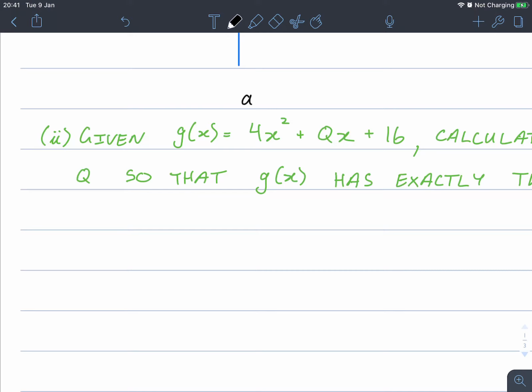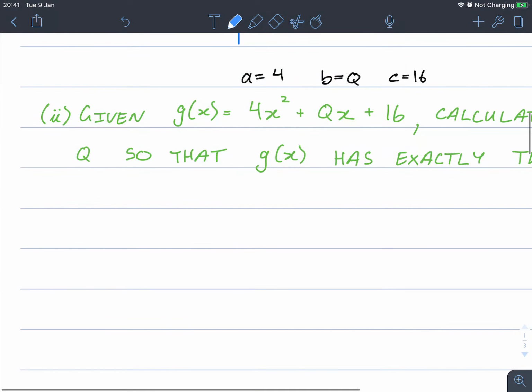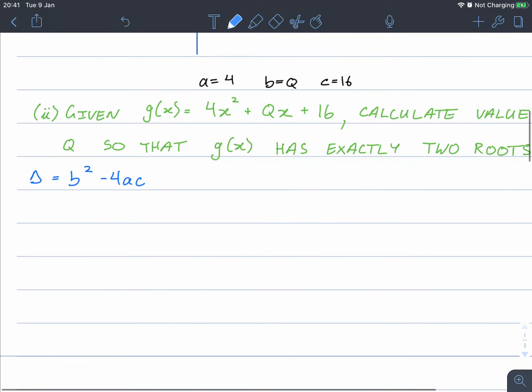For this, we need our values of a equaling 4, b is equal to q, and c is equal to 16. So this will give us delta equals b squared minus 4ac. Substituting all the relevant information into the formula, this will give us q squared minus 4 times a, which is 4, times c, which is 16.